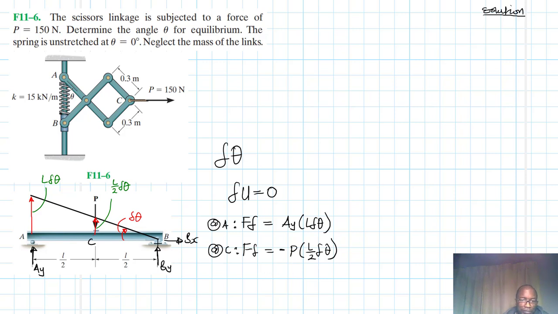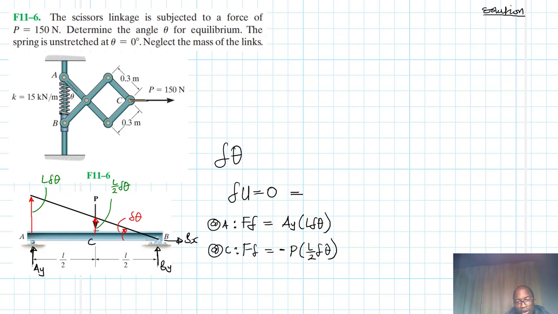Of course, at B, we don't have any movement whatsoever. There's no movement in the Y, there's no movement in the X, and we don't have any couple moment applied at B. Therefore, the virtual work at B is equal to 0. So let's add up the two.